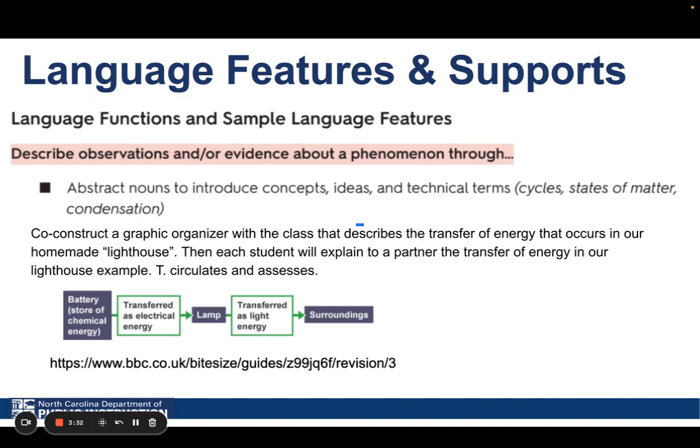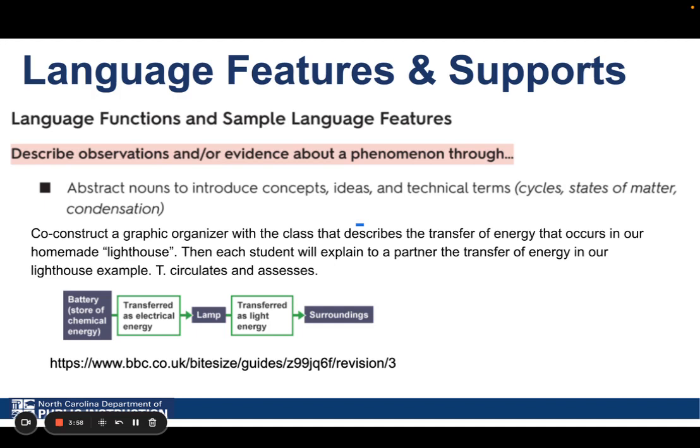And as you can see, this is the particular graphic organizer that we constructed with the class that described the transfer of electricity from the battery to the lamp bulb and then transferring as light energy to the surroundings.